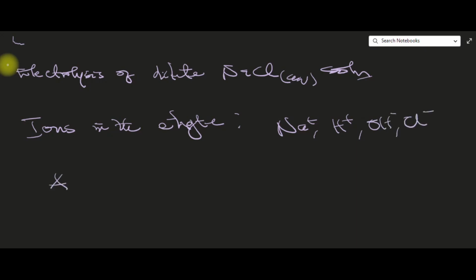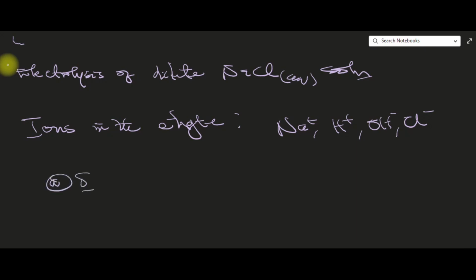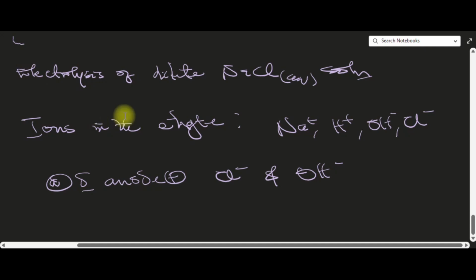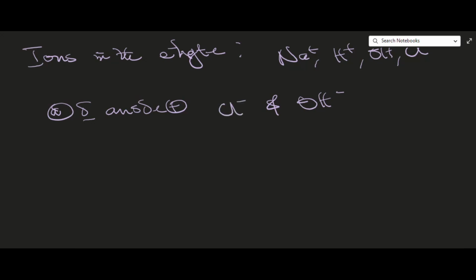So at the anode, which is the positive electrode, we are going to have Cl minus and OH minus migrate to the anode. So which one will get discharged? Cl minus and OH minus.